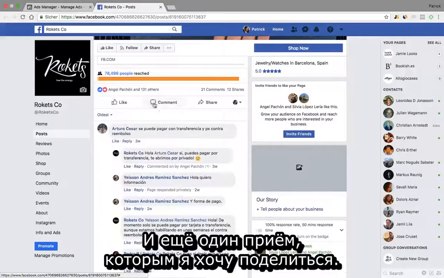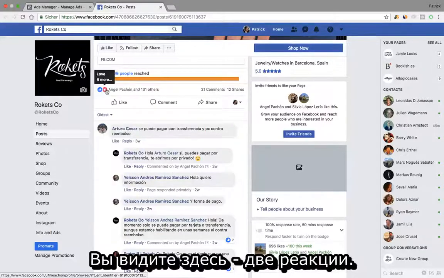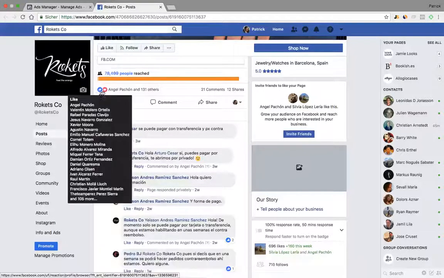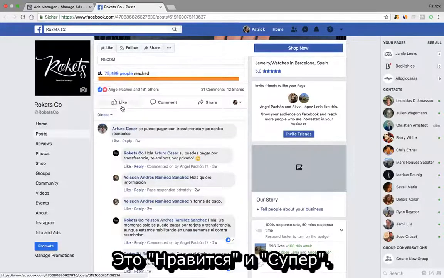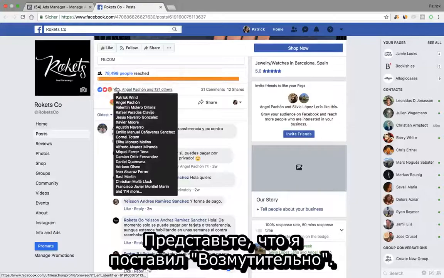And another trick that I would like to share with you is, you see, now there are two reactions here, so the like and then the love, and I always recommend to always put a third one here because they will always show up free. So imagine that I would put angry.